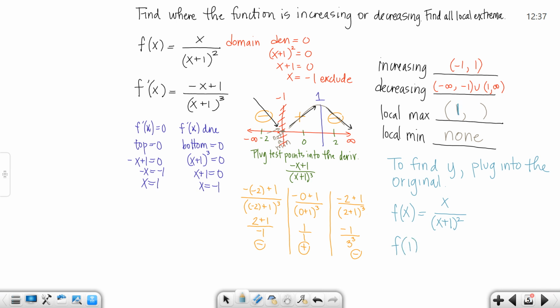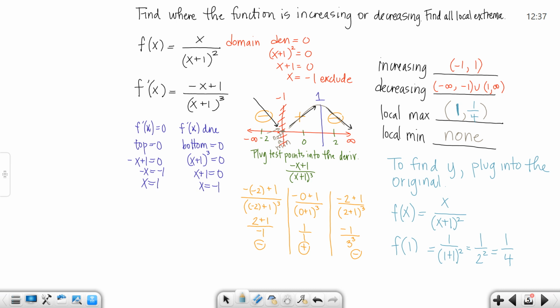So here's where I am right here, plugging in this 1. So I get 1 over (1 plus 1) squared. So that's 1 over 2 squared, which is 1 over 4. So I have a relative max at 1/4.